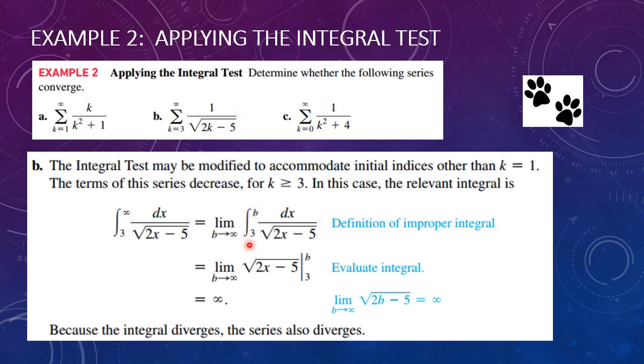If we do 4, 2 times 4 is 8, 8 minus 5 is 3, this is 1 over the square root of 3. The square root of 3 is like 1.7, so we have a value less than 1, so we can indeed see that it's going down at this point. We could also take the integral of this, although it's not very fun. Oh, the last one wasn't fun either, but anyway.